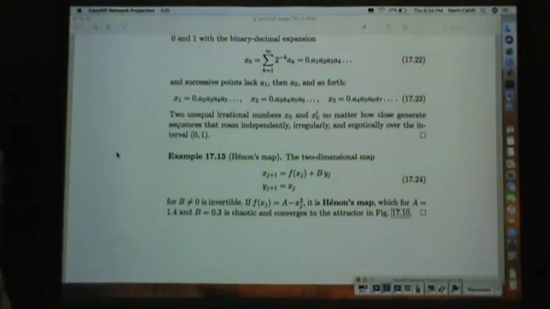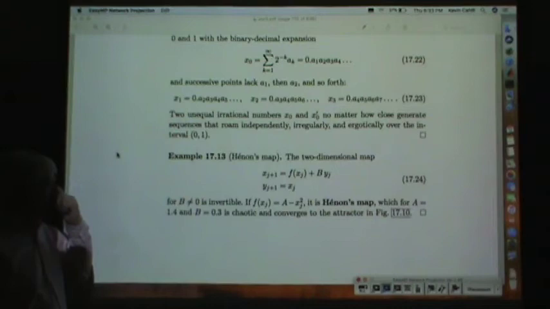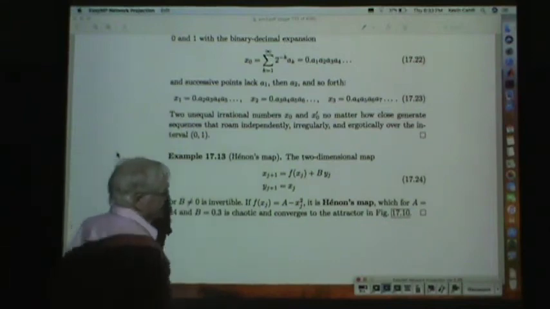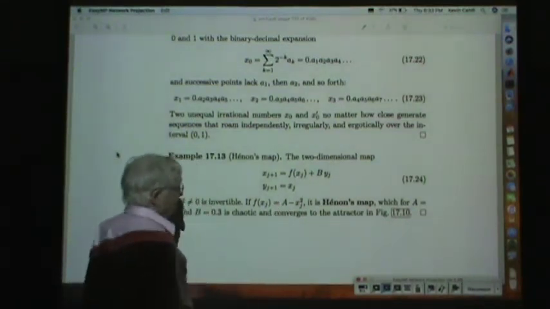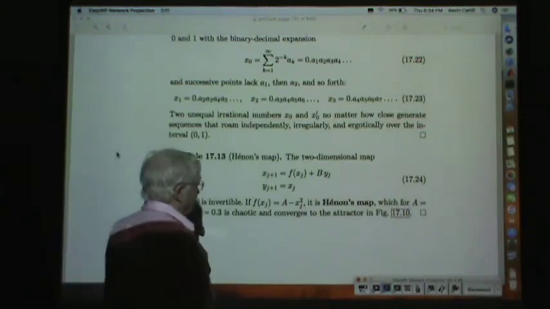Okay, then there's the Hénon map. This is a two-dimensional map, so this is again a map as opposed to an autonomous system. Although it may be an autonomous system crossing a surface.